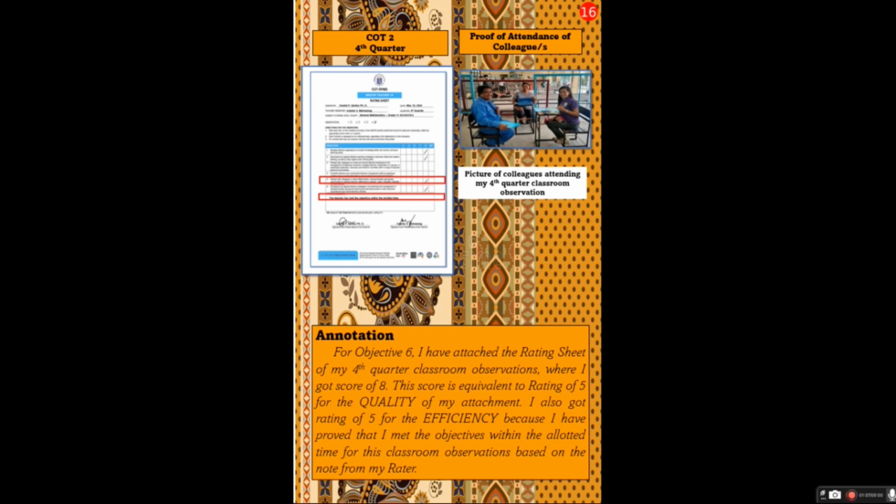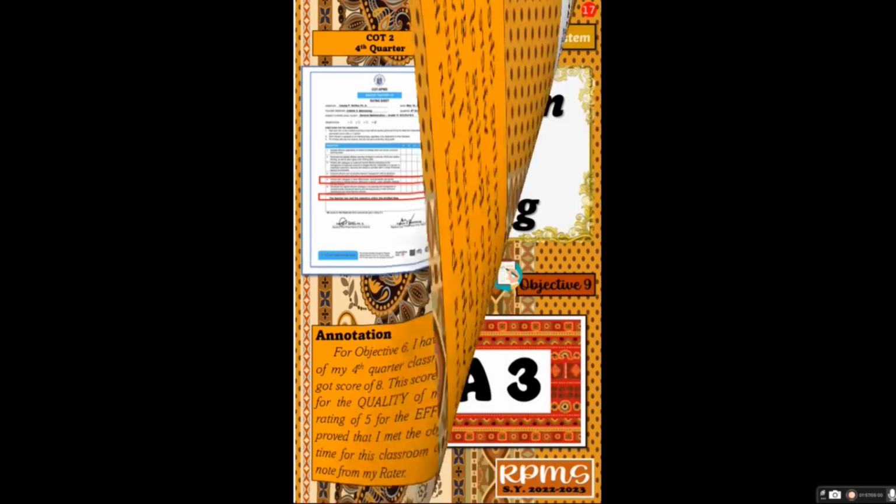Annotation for objective 6: I have attached the rating sheet of my fourth quarter classroom observations where I got a score of 8. This score is equivalent to a rating of 5 for the quality of my attachment. I also got a rating of 5 for the efficiency because I have proved that I have met the objectives within the allotted time for this classroom observation, based on the note from my rater.